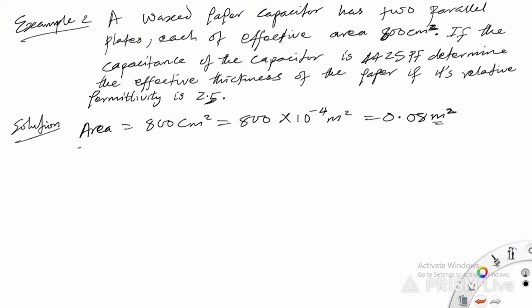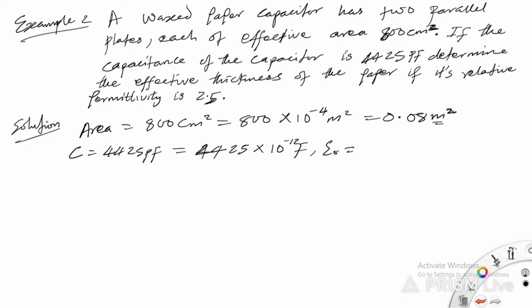Now C is equal to 4425 picofarads, and similarly, 4425 times 10 raised to the power minus 12 farads. Pico is 10 raised to the power minus 12. You can check our previous video on prefix.